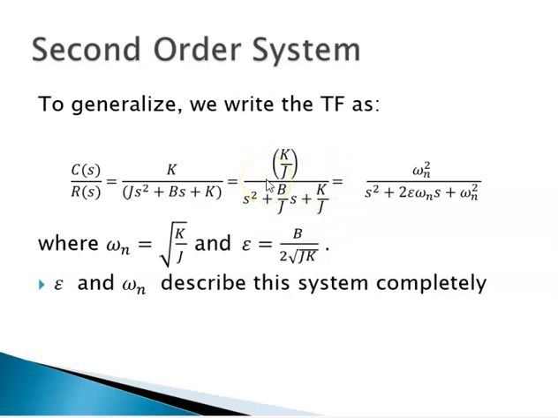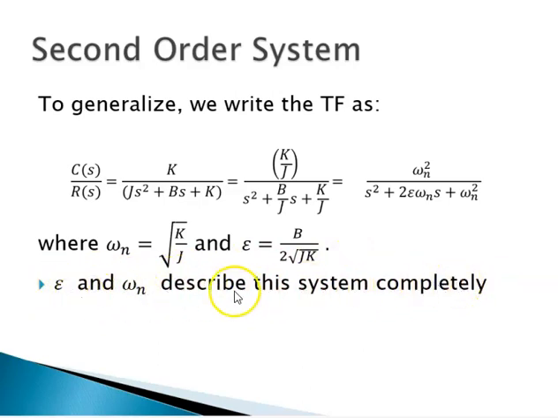We further make a substitution. Omega n is under square root k over j and epsilon is b over 2 root jk. These two quantities completely describe the second order system.